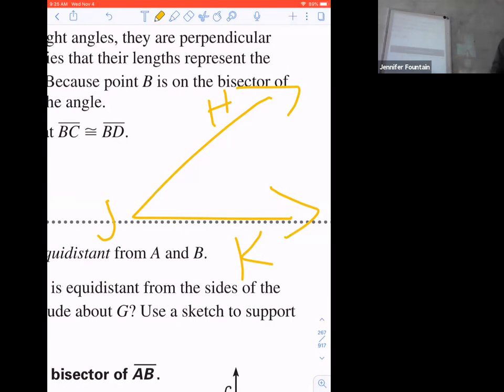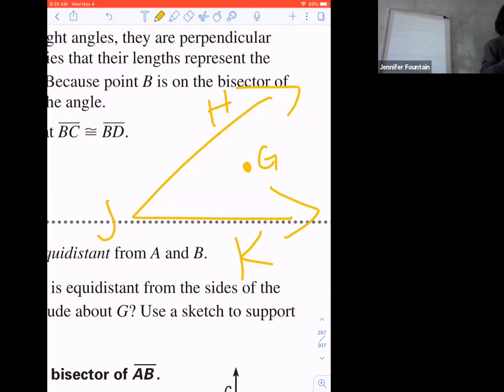Okay, and they said that point G is in the interior, so that means it is going to be inside this angle. Not only did they say it's on the inside of the angle, but they said it's equidistant from this side and this side. So I know that my point is going to be right there in the middle.